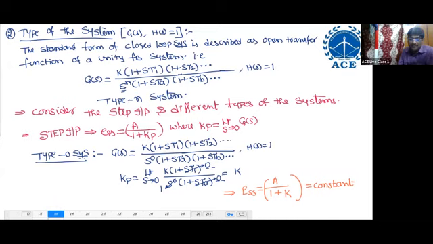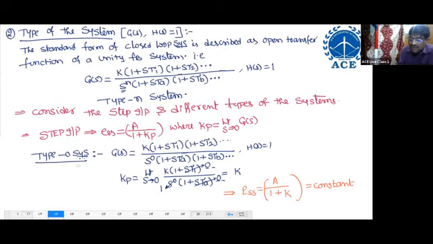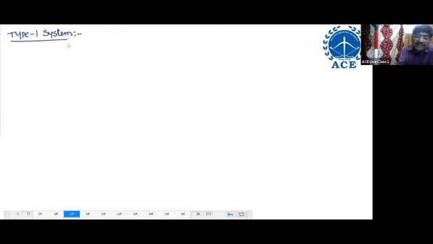Next, type 1 system. Calculate the Kp value for a type 1 system. For a type 0 system, the step input error is constant. Now for type 1 system, calculate Kp.